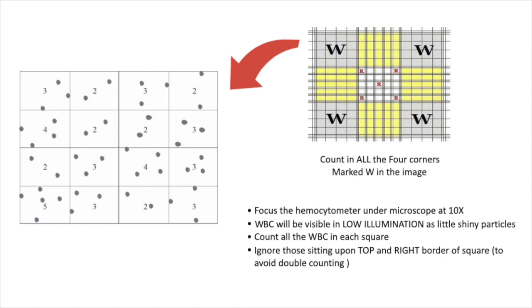So you have to count the WBCs in all the 64 squares, the 16 squares at the 4 corners, and add up the numbers. While counting, ensure that you ignore those sitting on the border lines, the top and the right border, so as to avoid double counting, because those would automatically be counted in the next square.